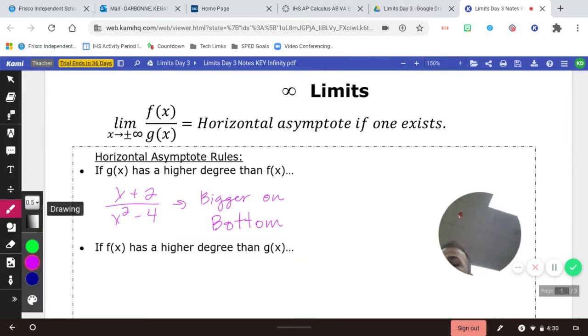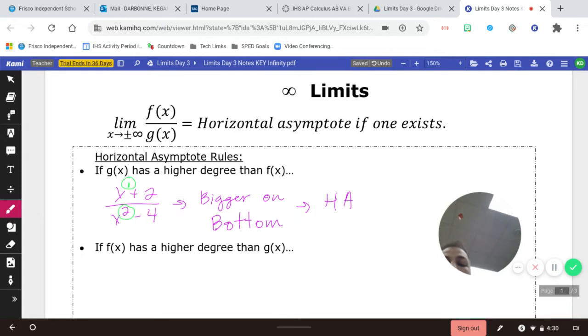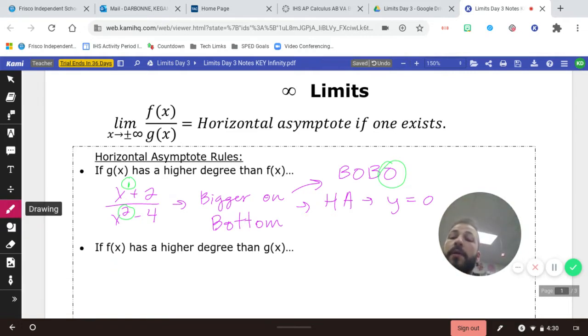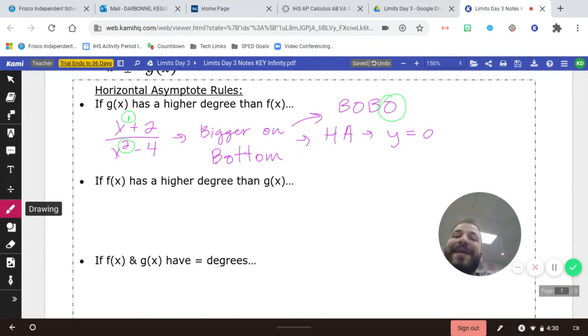What I mean by bigger on bottom is that the degree on the bottom is bigger than the degree on the top, which means my horizontal asymptote is y equals 0. A nice easy way to remember that is BOBO: bigger on bottom, you have 0.